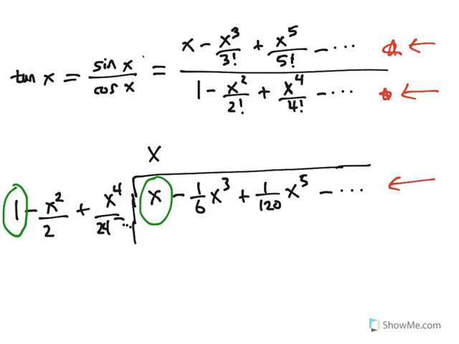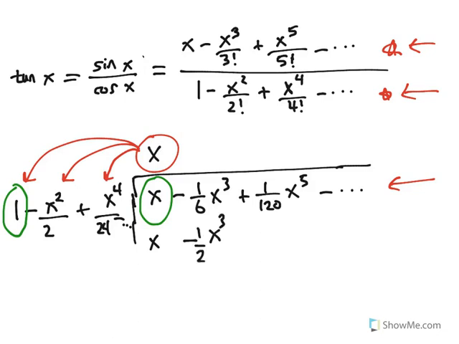And just like before, we use the same algorithm. We're going to multiply the x to each of the terms from our divisor. And that would give us x times 1 is x, and then I have x times negative x squared over 2 would be negative x cubed over 2, which I can write this way.